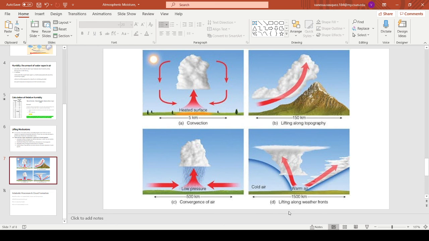And then diagram D is called frontal lifting, and as you can see here, this is representing a cold air mass, and this is a warm air mass. So there are 2 different temperatures, and they are going to crash into one another, but due to these different air masses, it causes the warm, humid air to rise and form cloud development.